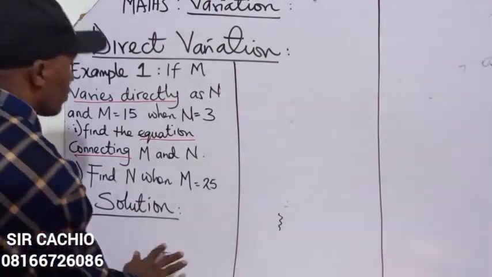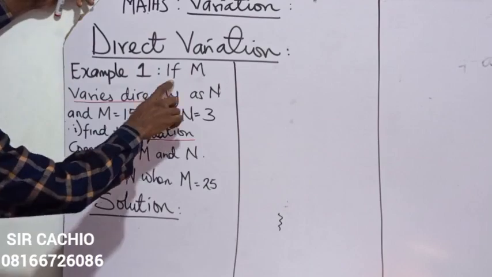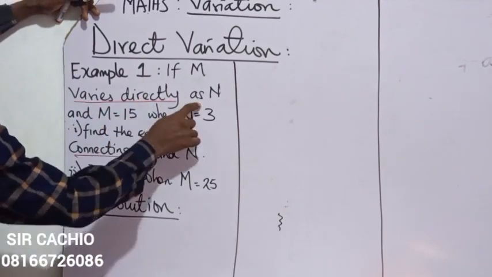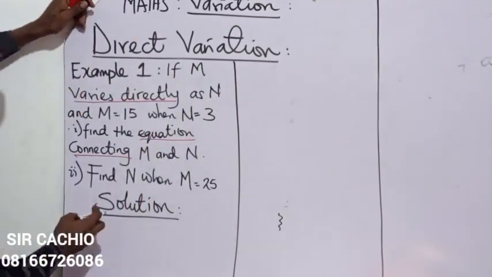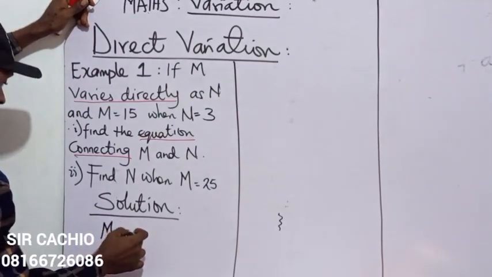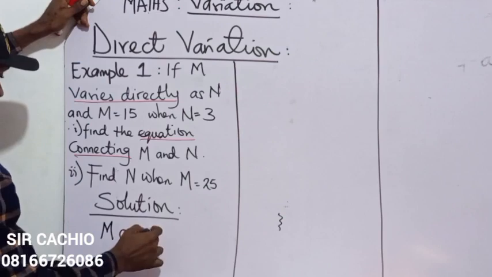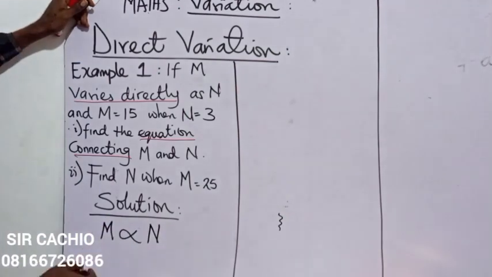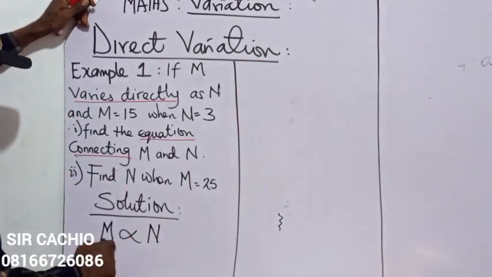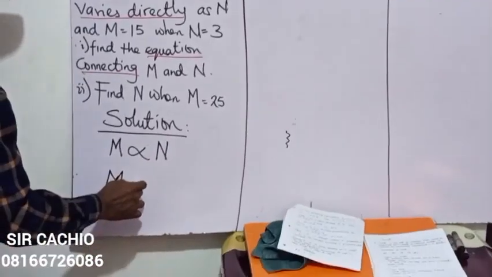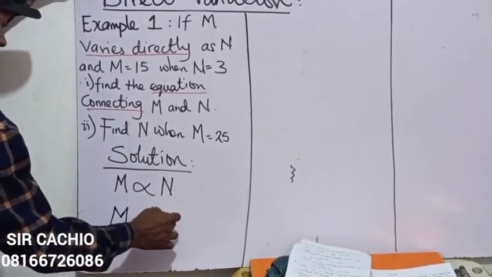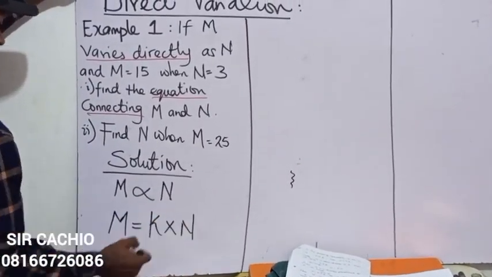If m varies directly as n, you write m varies directly as n. Then the next step is to remove the variation sign. You have m equals k times n.